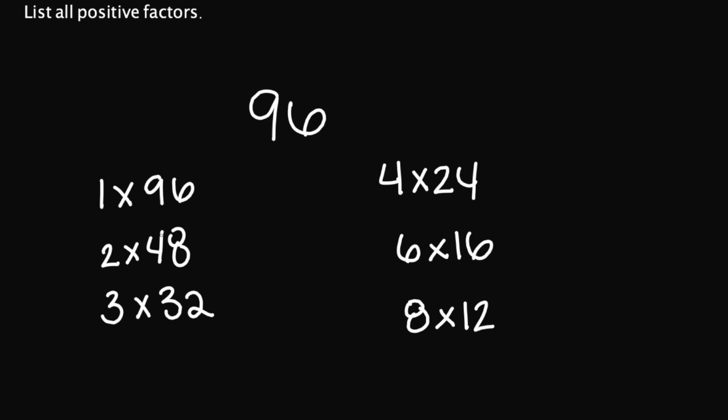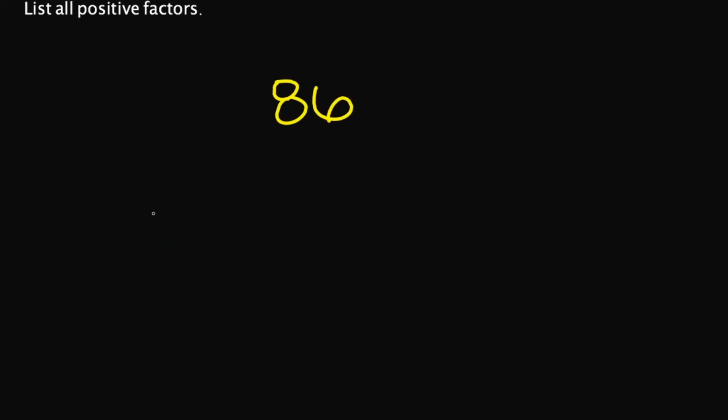So the positive factors for 96 are 1, 2, 3, 4, 6, 8, 12, 16, 24, 32, 48, and 96.